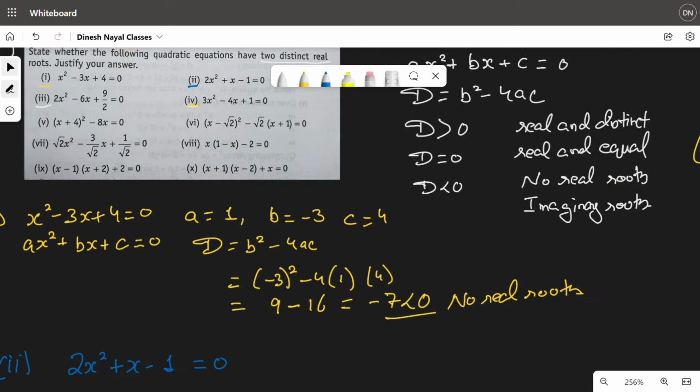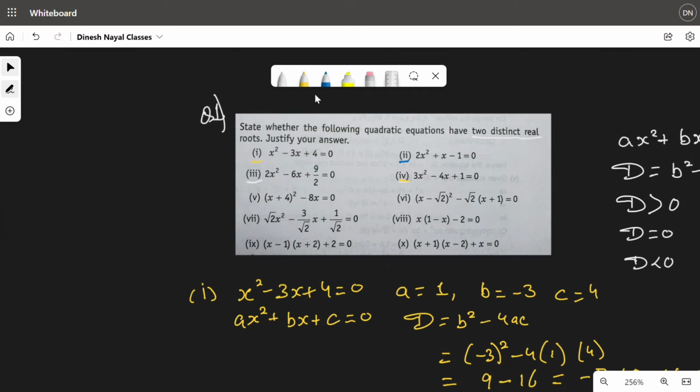Now on to the next part, which is the fifth part. The fifth part is given as (x plus 4) whole square minus 8x equals 0.